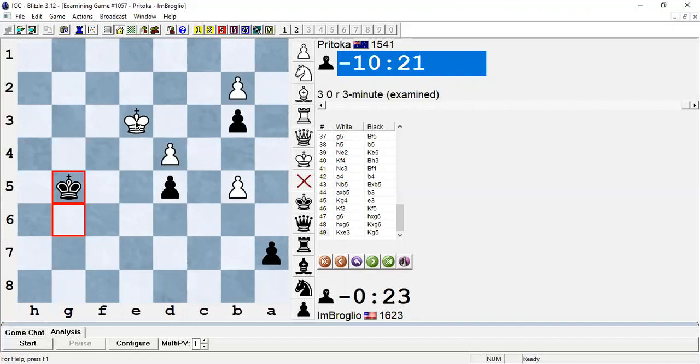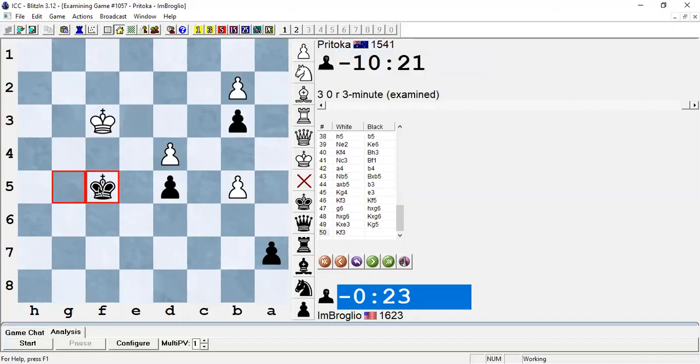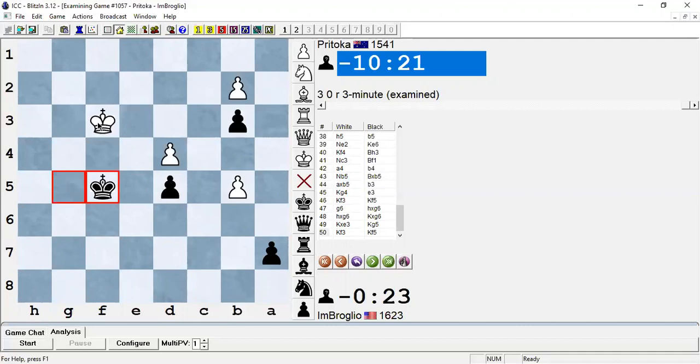Well, if white moves to the f3 square, it's now black who has the vertical opposition. And what will happen here is the d4 pawn will eventually fall, allowing this pawn right here to move up to this square, which it will probably promote to a queen. A rook would do, but most people just enjoy the additional firepower of the queen. So again, if this pawn falls right here, the d4 pawn, the game is over.